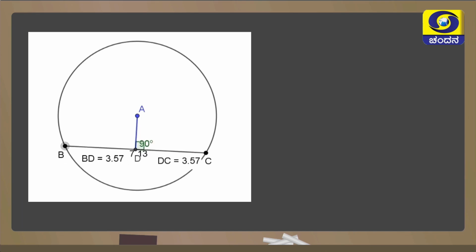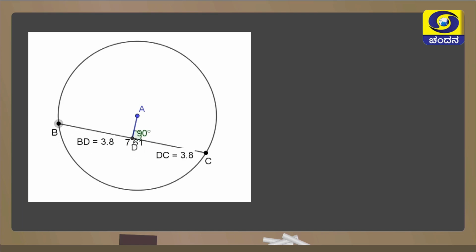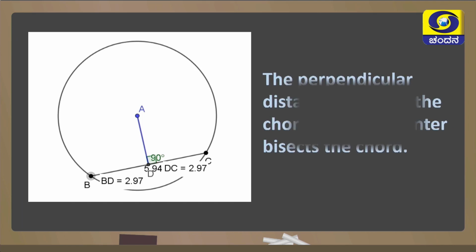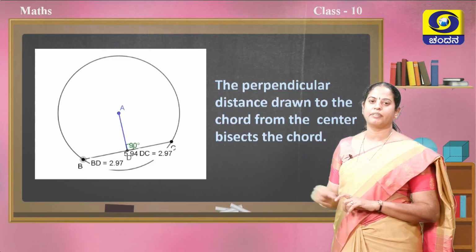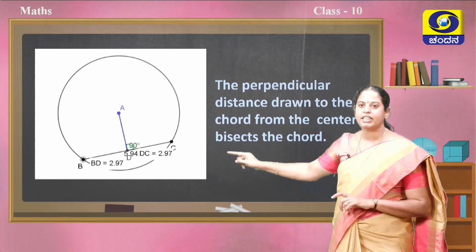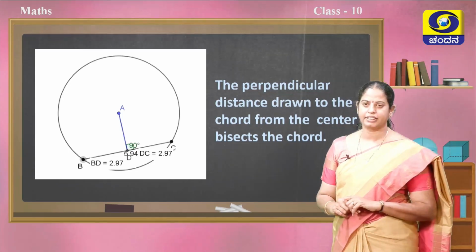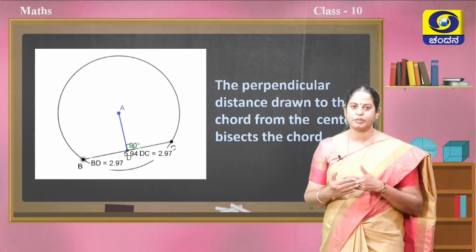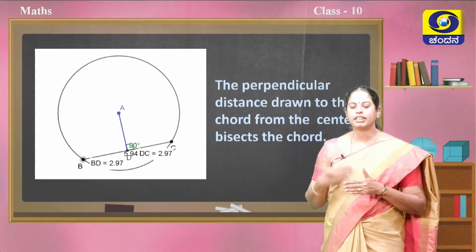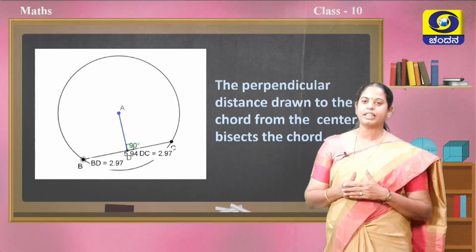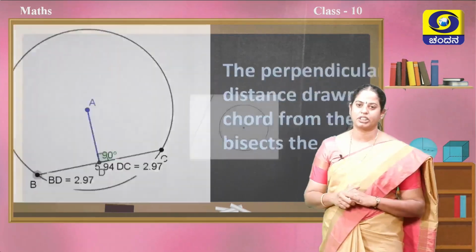If I go on changing the length of the chord also, you observe that the perpendicular line is bisecting the chord. That is the observation you have to make. The perpendicular drawn from the center to the chord bisects the chord. This is also what you learnt in the 9th standard, but we need all these concepts to understand the circle chapters in this standard. For better understanding, we need all these concepts, children.